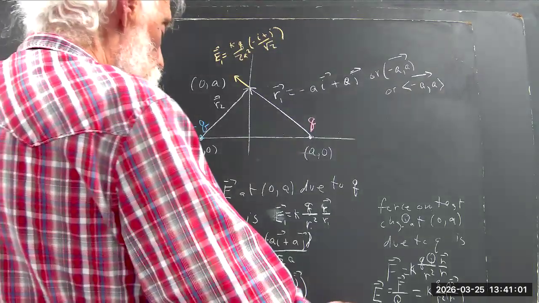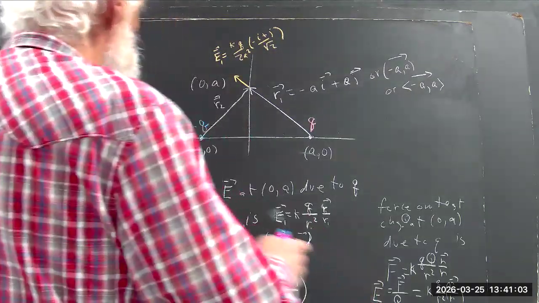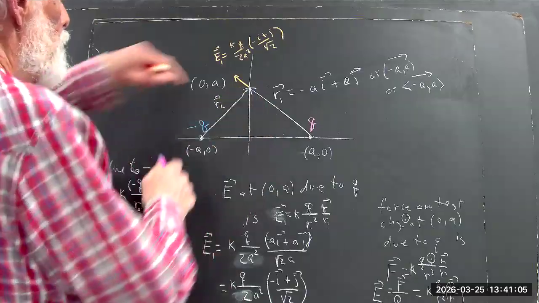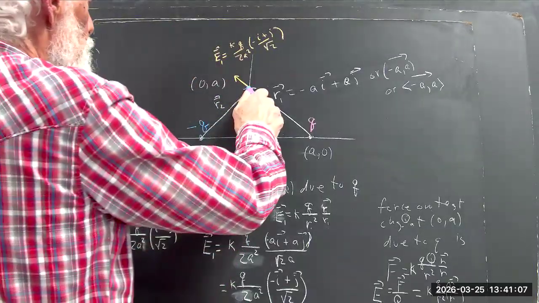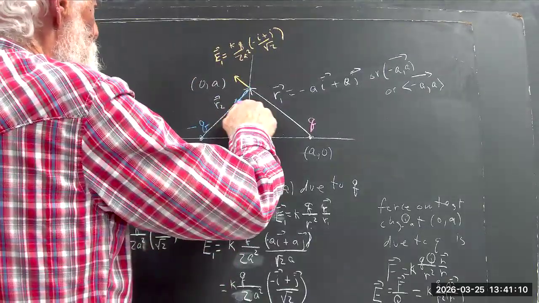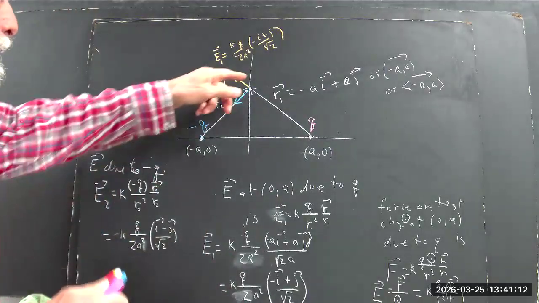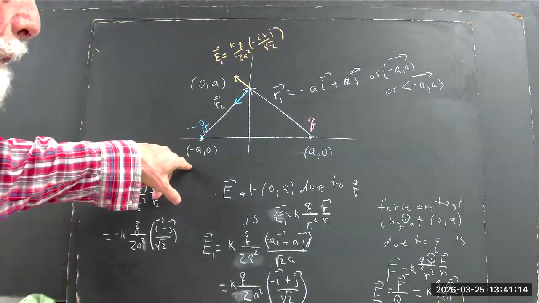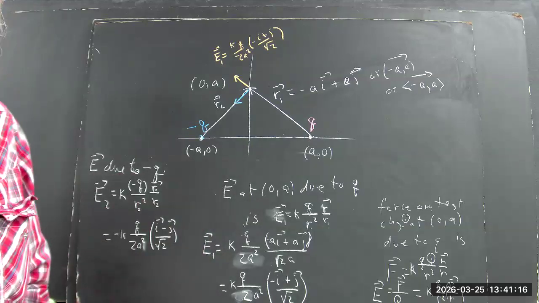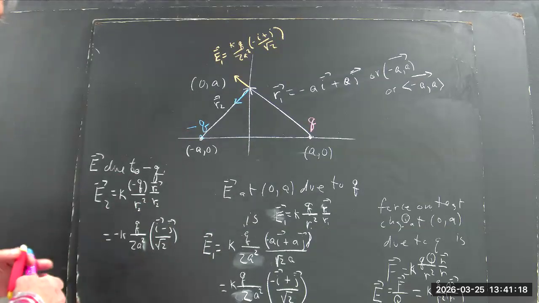And if you picture it, if you have a positive test charge here, it's going to experience a force down and to the left, toward the point negative a, 0.